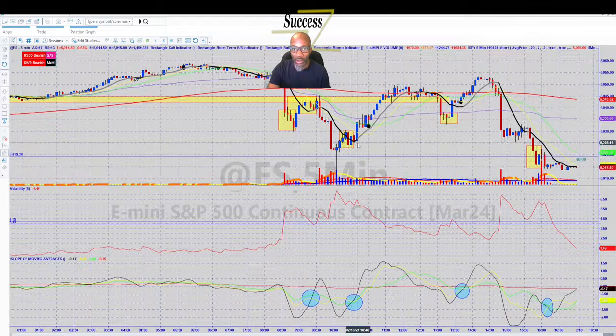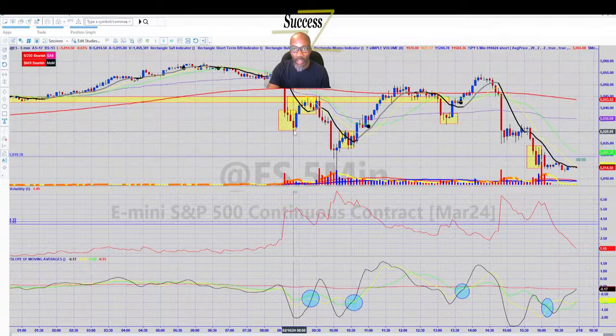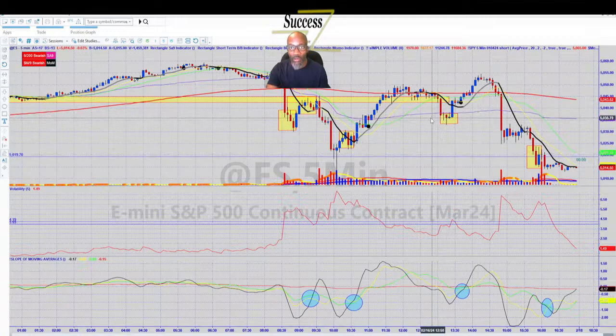Large bullish candle that has a low that's higher than the low before it, and the height of the candle is higher than bars before it.